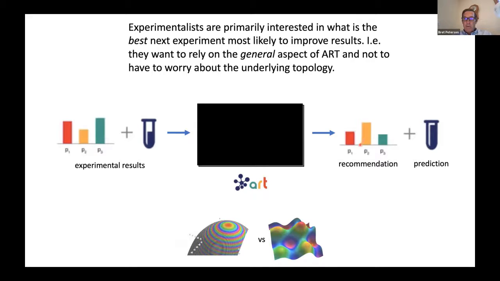But in order for that to work, we have to be pretty confident that even if the topology of the underlying surface is challenging, we still give a good result. So we want to make sure that our predictions are as robust as possible. They don't care if it's easy or hard, but we care.